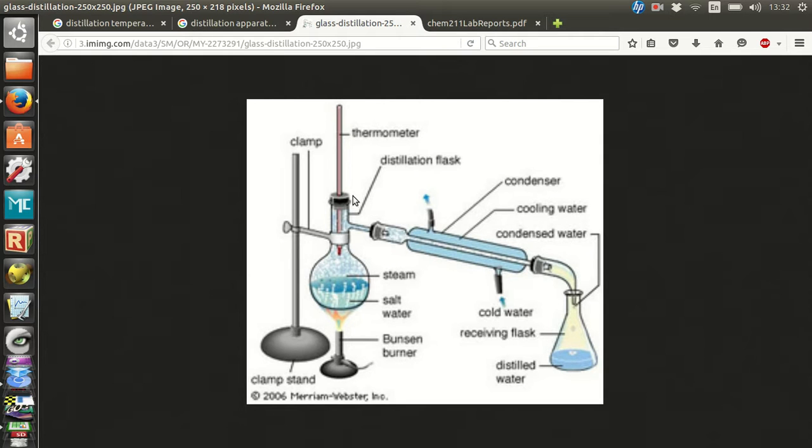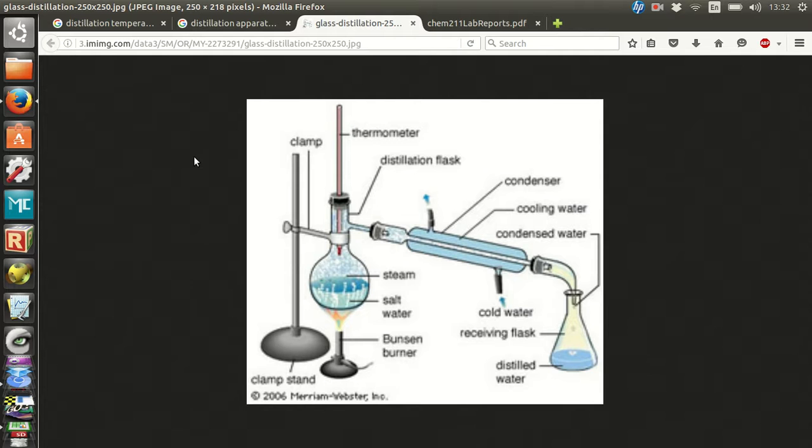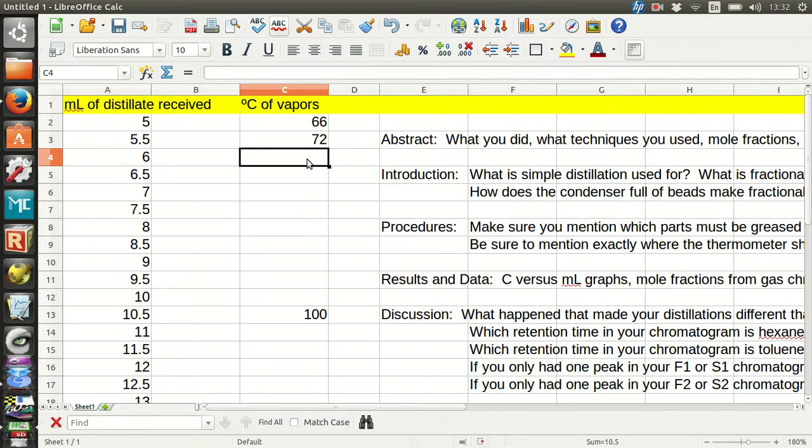So it's like 66 at 5 milliliters, and then it's 72 at the next 0.5 milliliters. So that means 5.5. So 66 at 5 and 72 at 5.5. The next 0.5 milliliters, let's say it was like 81. That means it's 81 at 6 milliliters, actually 6.0. Okay? So is that clearer?